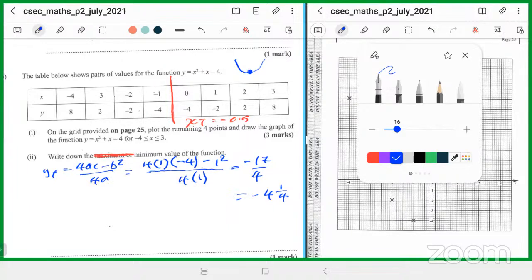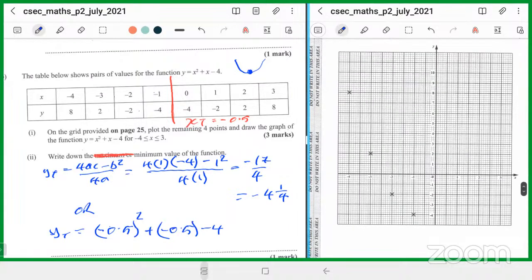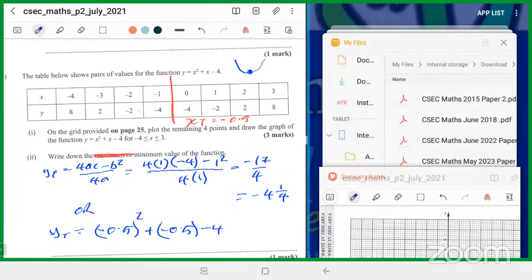If you want to, we can calculate by plugging the xt value into the function as well. That's another way to do it. So we could say the y value of the turning point, which is the minimum value, would be -0.5 squared plus -0.5, if you put it in the formula, minus 4. If you use a calculator to work it out, just to show you, we're going to get the same thing.